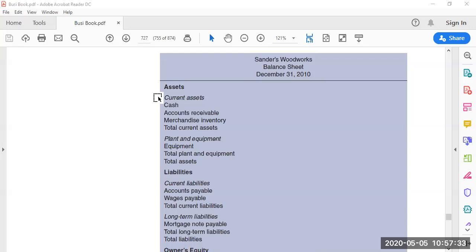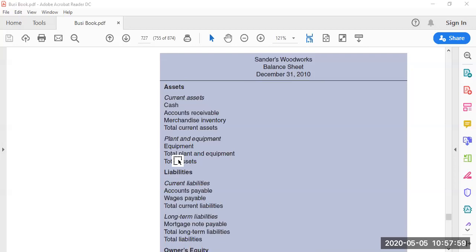These are things that could easily be converted into cash very quickly. Current assets, list them out, total them, and then go into your plant and equipment. List those different things out, total them up, and then total that category with the total current assets, and then call that your total assets. Okay.